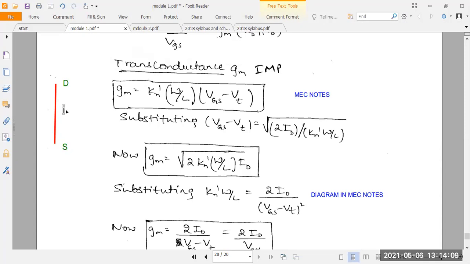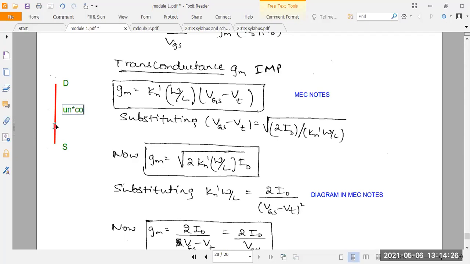So for that you can write the mobility of the charge carriers. After that, we want to take the oxide capacitance, because over the channel there is the oxide, right?